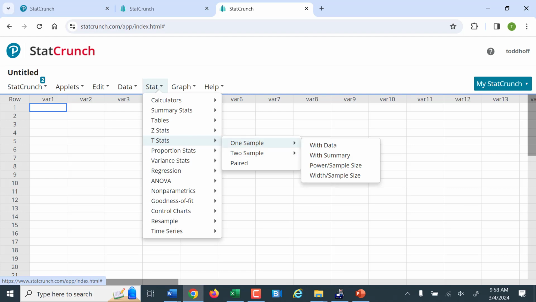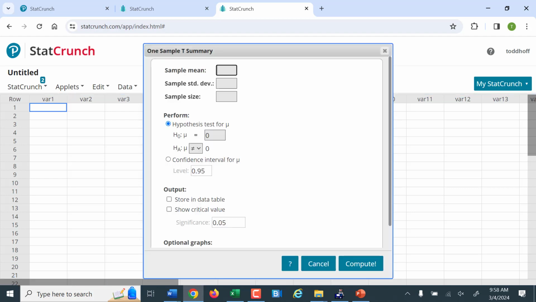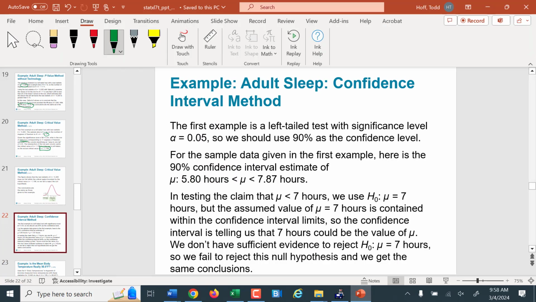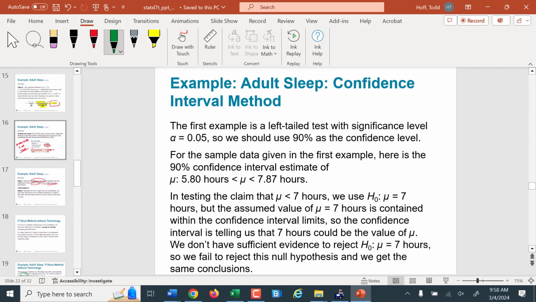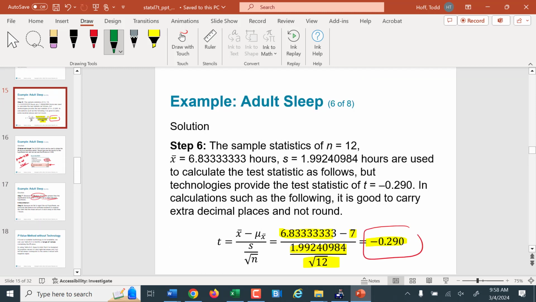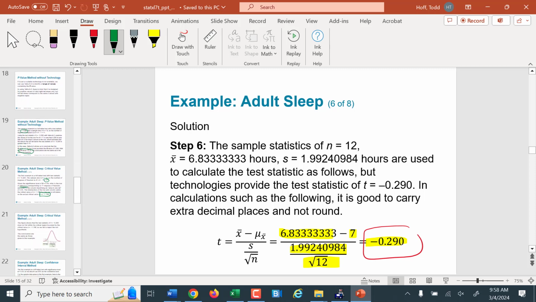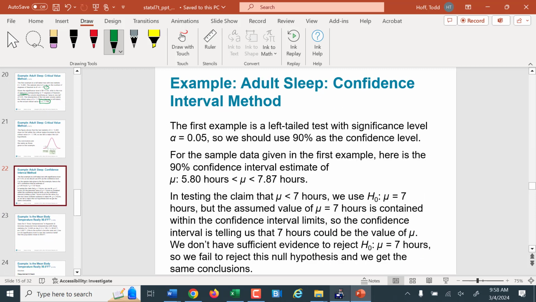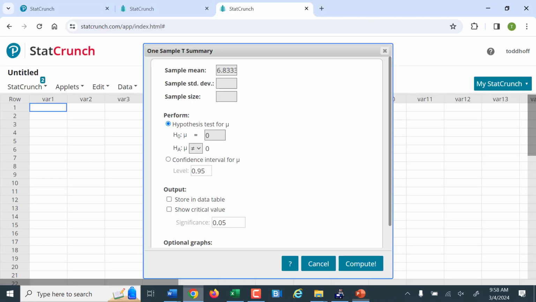T-stat, one sample with summary. And we again have 6.8333333. Scroll back up to get my standard deviation. We're going to do 1.9924 again. Sample size of 12.